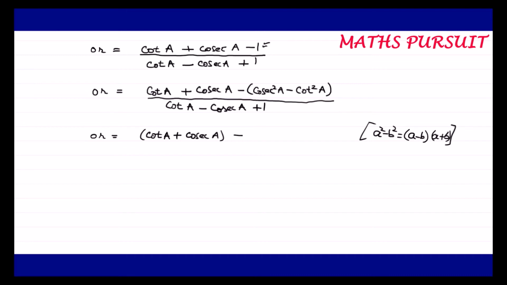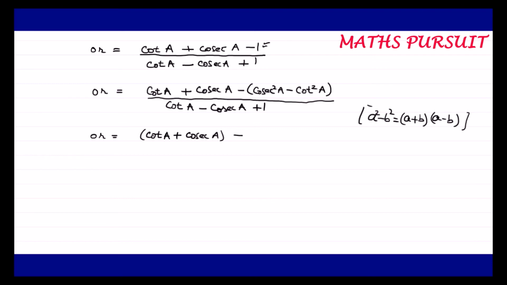So here we have cosec square A minus cot square A. I am going to replace it with cosec A minus cot A and cosec A plus cot A. So A square minus B square is equal to A plus B into A minus B. This is the identity that I will be using here.